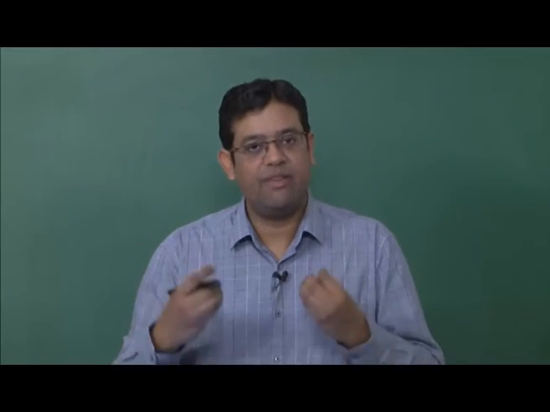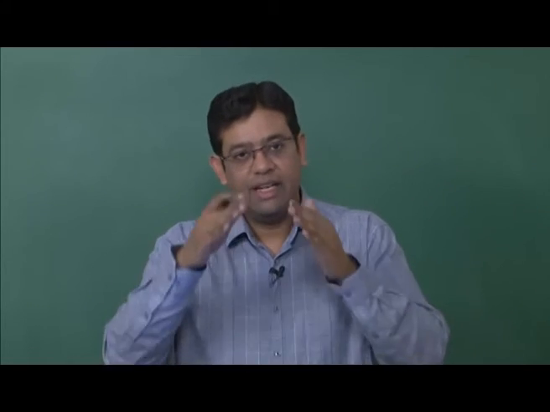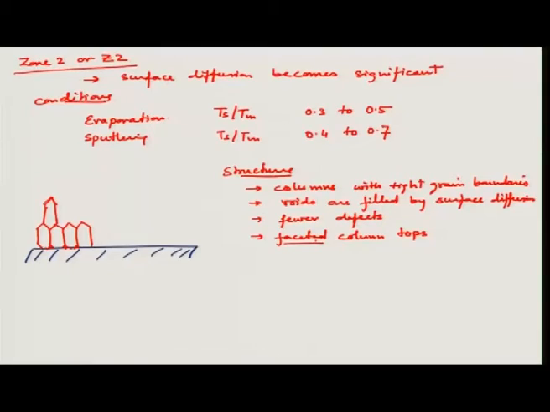But once the atoms and molecules getting deposited have higher energy to diffuse, they will find those low energy planes, and then give rise to faceted column tops. The properties of these types of films: they are hard and have low ductility, because of the high number of grain boundaries.